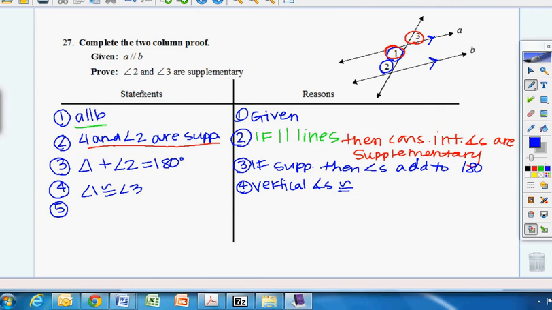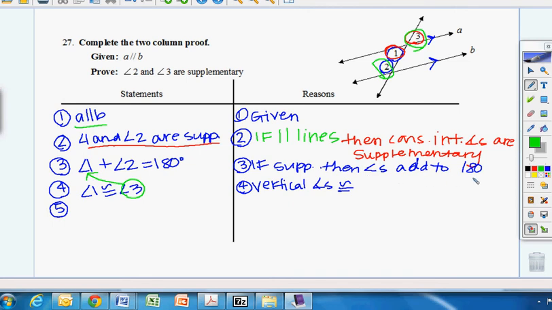Eventually, you've got to stop and think sometimes. I want to prove that 2 and 3 are supplementary. I want to see that this angle and this angle are going to be supplementary. So how am I going to get there? Now if 1 plus 2 equals 180 and 1 is congruent to 3, I can then place this into number 1.